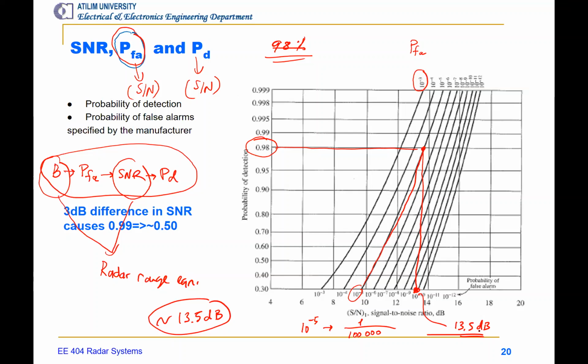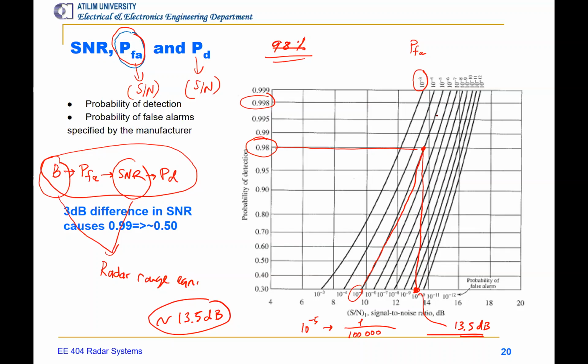Okay, I need 13.5 dB to get a probability of false alarm of 10 to the minus 5 at a probability of detection of 98%. By the way, 98% in practice is not acceptable. It's very low, actually. We usually talk about 99.99.